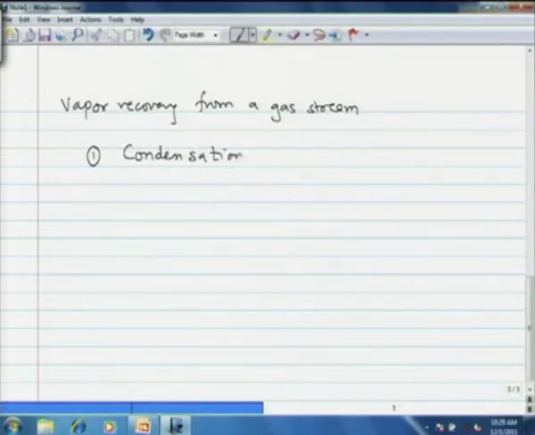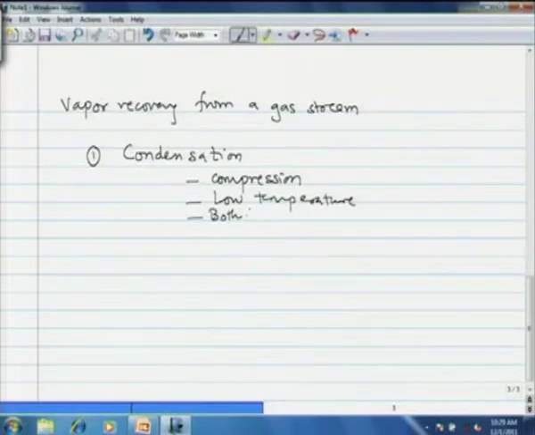Now, condensation either by compression or by cooling or low temperature or both. Now, which of these techniques we have to apply depends on the PVT characteristics, the thermodynamic properties of the vapor.